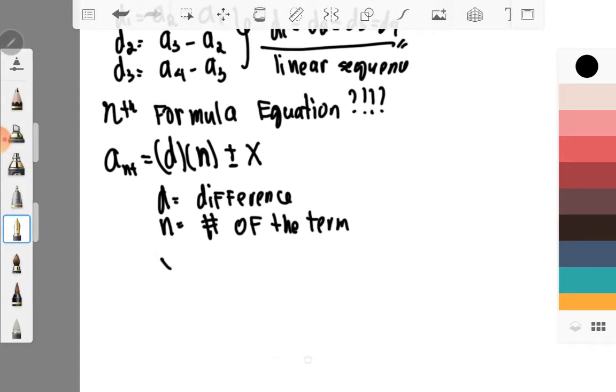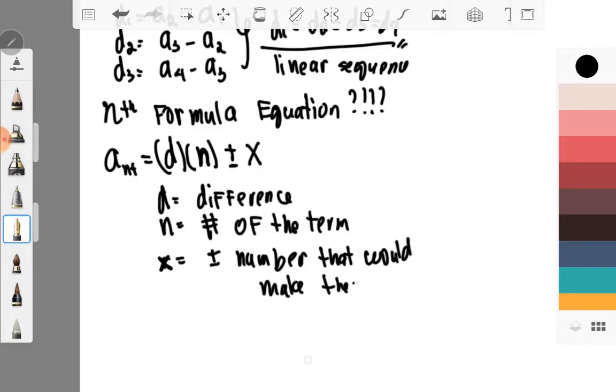And then x is any positive or negative whole number that would make the formula true. Take note that that is an assumed formula.